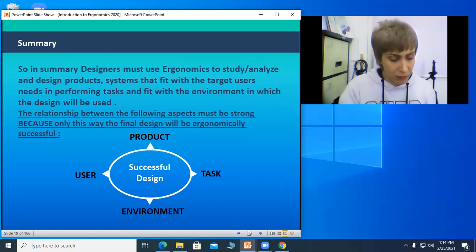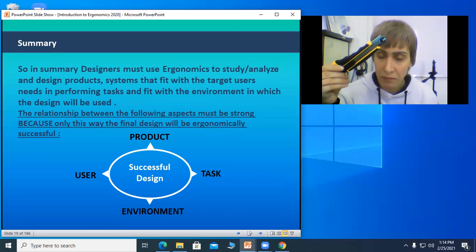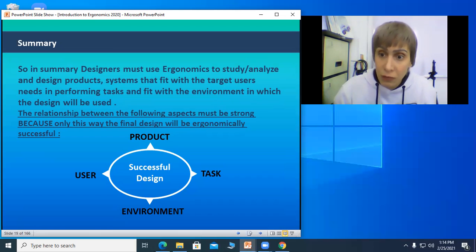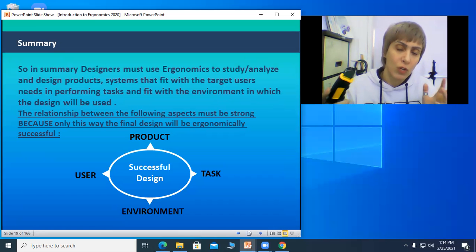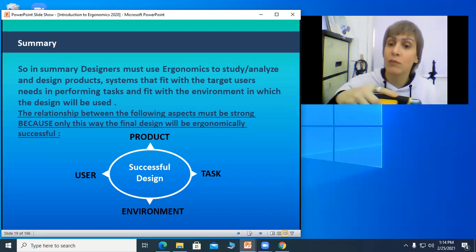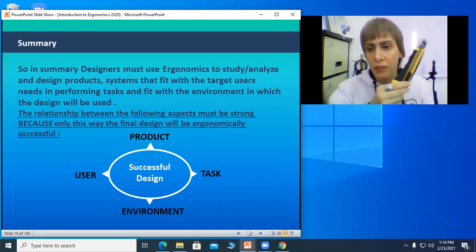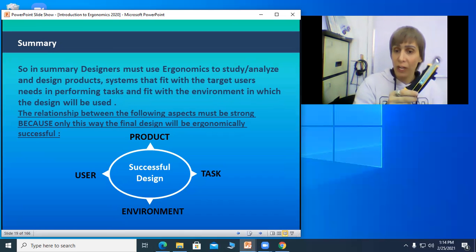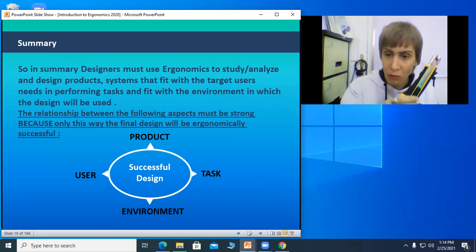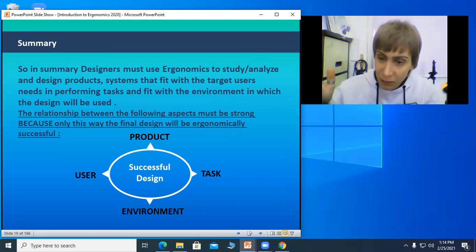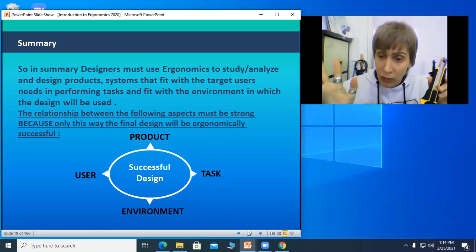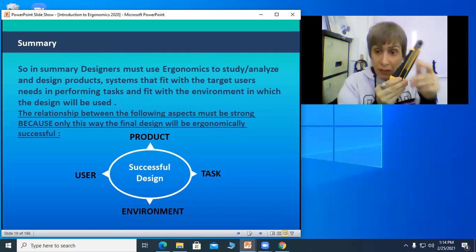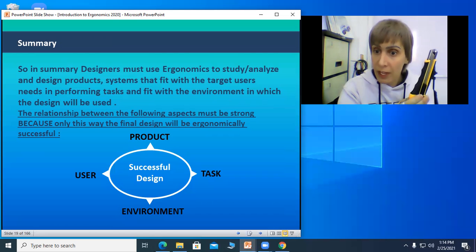It's like, okay, I have this product, okay? What is this? A cutter. How does a cutter function? What is its main function? To cut, okay? So the tasks that I'm doing with it is mainly cutting. Now, I want to design a new one, okay? Before I sit and start drawing shapes of new cutters and go crazy, okay? Before I do that, I need to analyze the existing cutters. Ergonomics helps me in that.